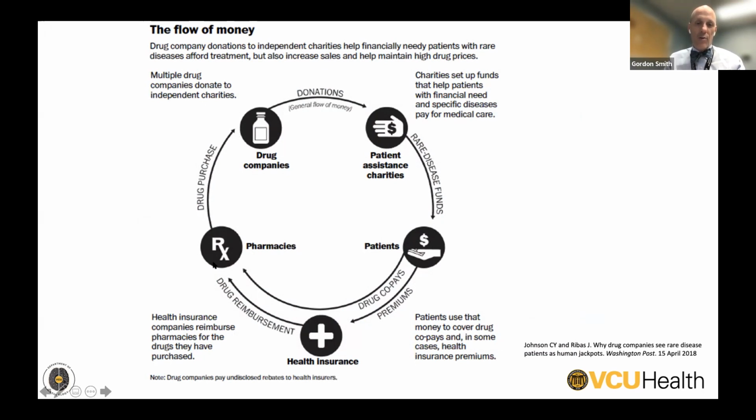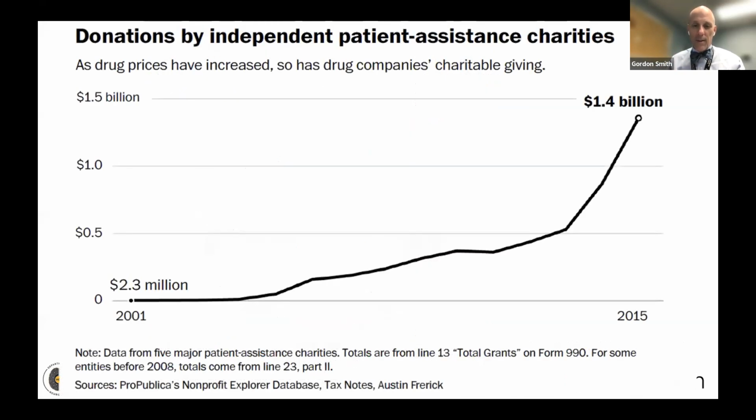That money then flows back to the pharmacies who bought the drug from the drug company. And so it looks a lot like money laundering to me. But when it happens this way, it really is a kickback of sorts. And it became very common.